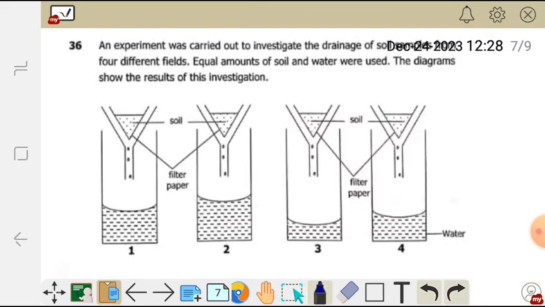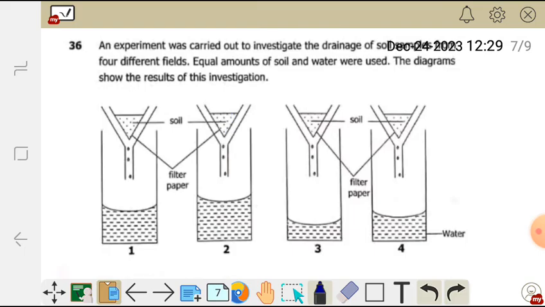So clay soil is the least permeable soil. Okay, so we are going to observe that the little amount of water will be drained in clay soil, but sand soil is the most porous, so it has big large pores where water can be drained.